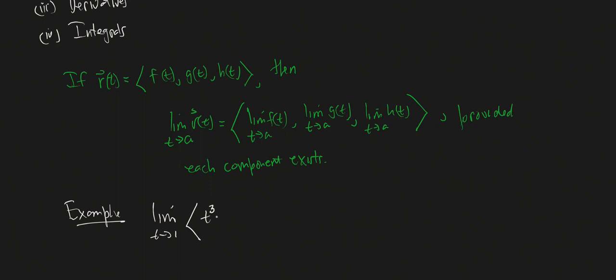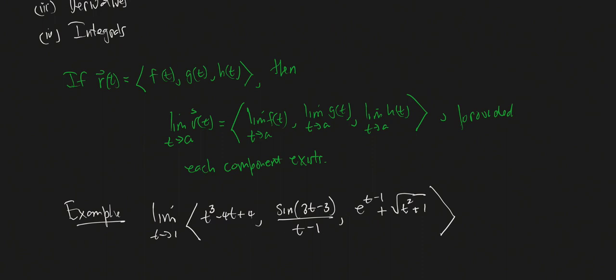Let's say we have t cubed minus 4t plus 4 in our first component, and then the second component, let's say we have the sine of 3t minus 3 over t minus 1, and then let's say we have the third component be e to the t minus 1 plus the square root of t squared plus 1. Right? So that's our vector function. Several different types of functions involved.